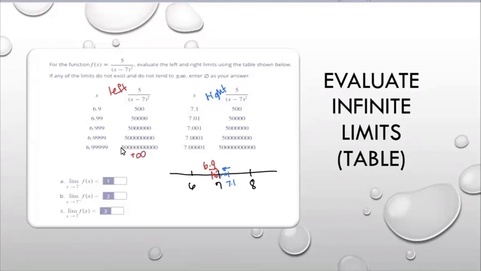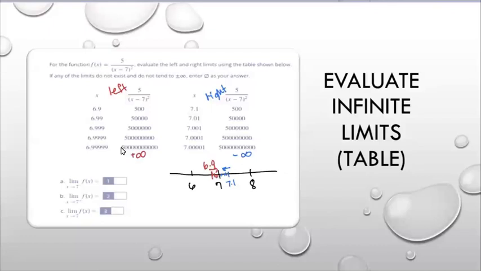All right. What about the other side? What is happening here? Kind of the same deal, right? We start with 500 and then we go down and we get to this 5 with so many zeros. And so we know that this is increasing without bound. So it's also positive infinity.